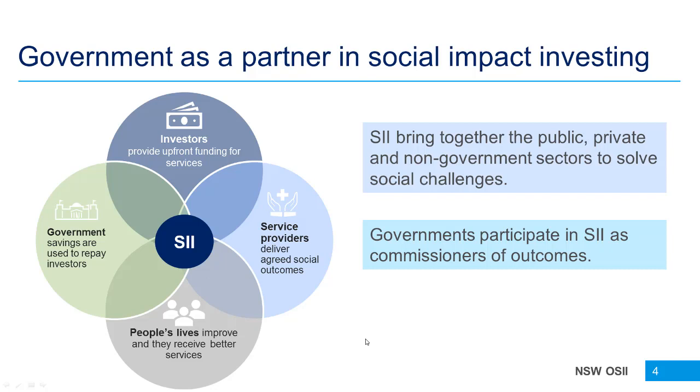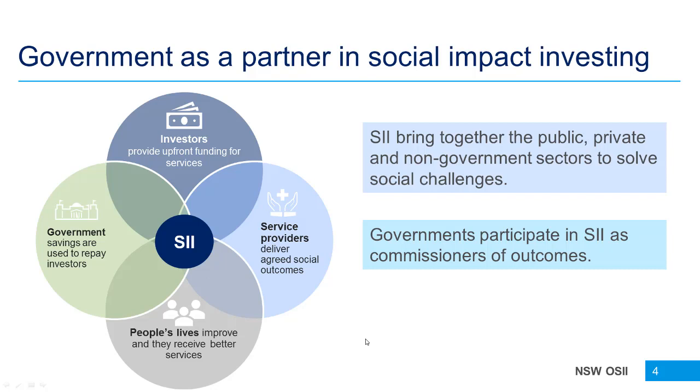Investors provide upfront funding for services. Service providers, an NGO or a for-profit organisation, use this funding to deliver an agreed social outcome. As a result of the services that are delivered by the provider, people's lives improve because they receive a better quality of service and a more efficient and effective service.